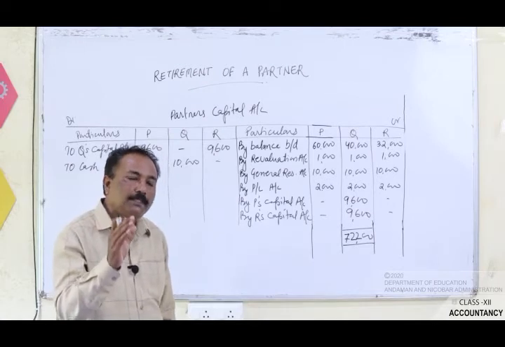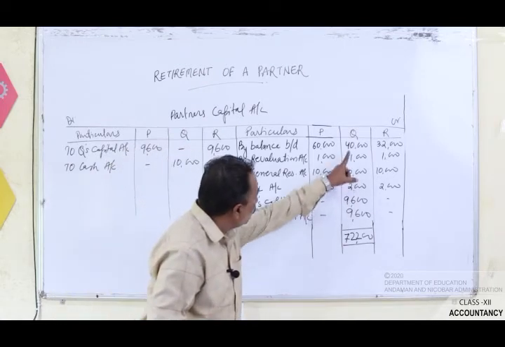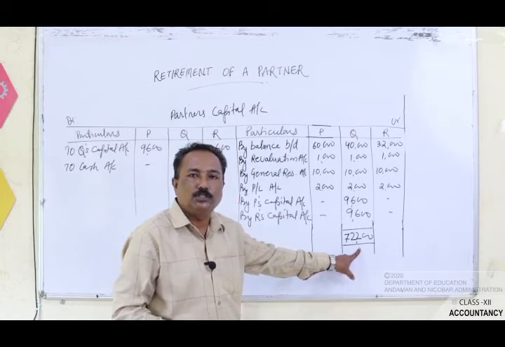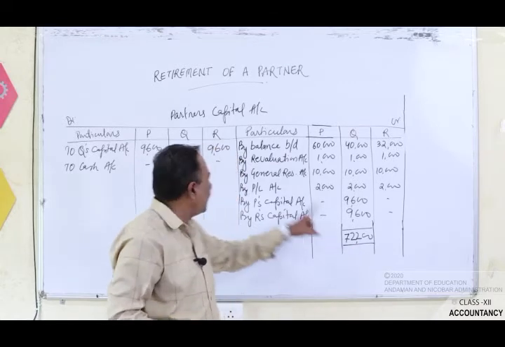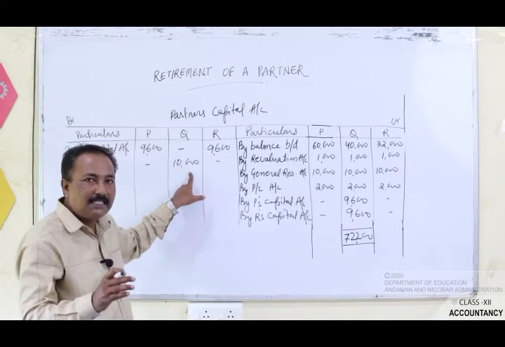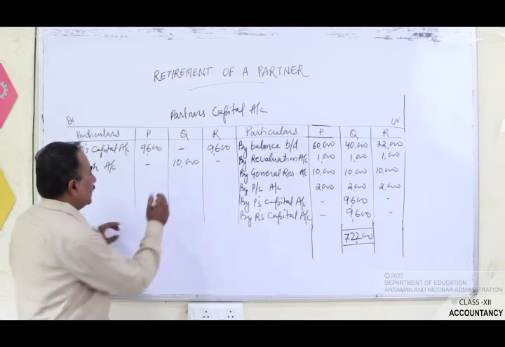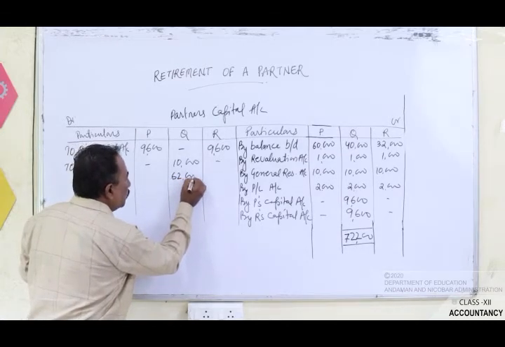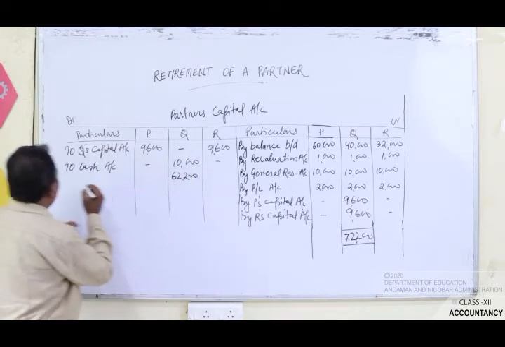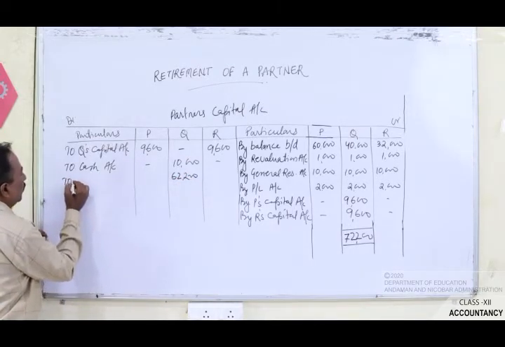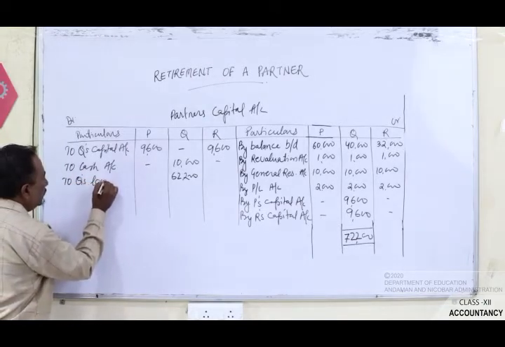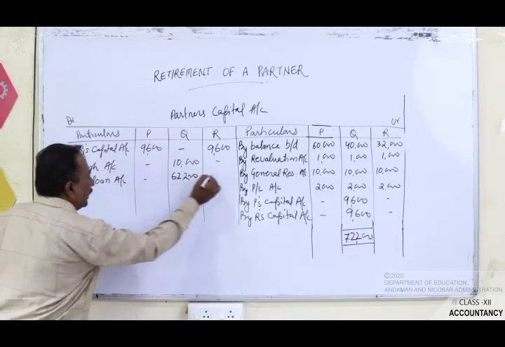How do we get this rupees 62,200? Because the total of Q's capital is rupees 72,200, and out of this we have paid rupees 10,000 to Q in cash. So, what is the balance left? It is 62,200, and this amount will be transferred to his loan account. So, to Q's loan account will be recorded here.